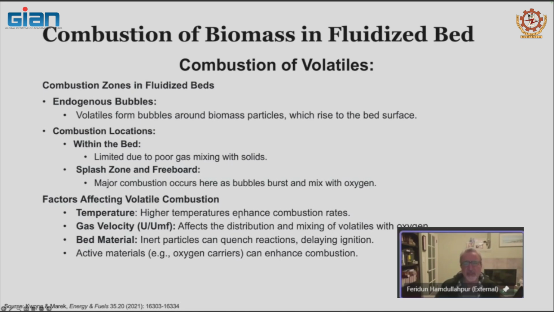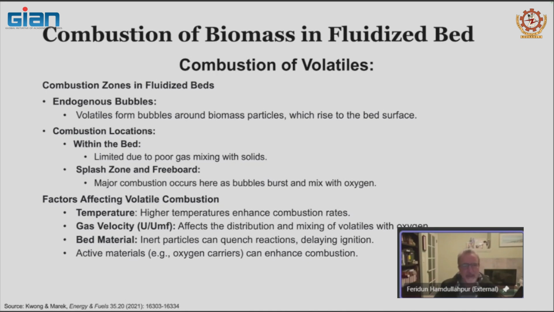The higher the temperature, the better the combustion rate, but you know the limitations of temperature. Gas velocity, again, as I mentioned, promotes better mixing, but it costs you. And bed material: the more inert, non-combustible particles you have, the more tax you will pay in the form of heat loss and, of course, ignition delay.